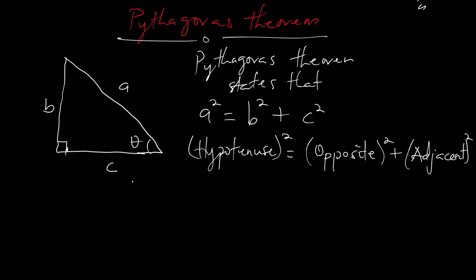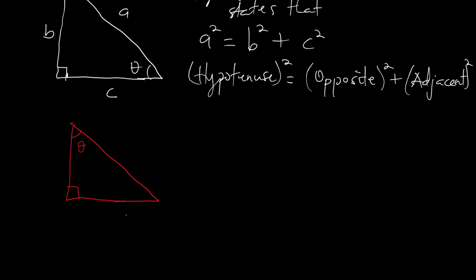So if we have a right angle triangle and our opposite is 4, our adjacent is 1, we can find our hypotenuse using the Pythagoras theorem. We know that hypotenuse squared is equal to opposite squared plus adjacent squared.